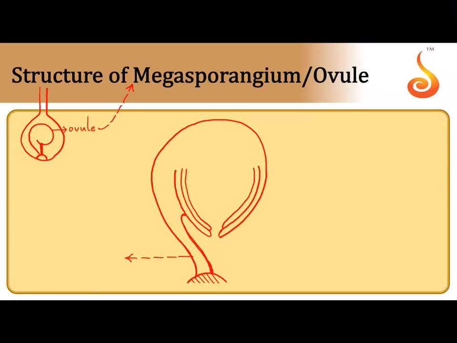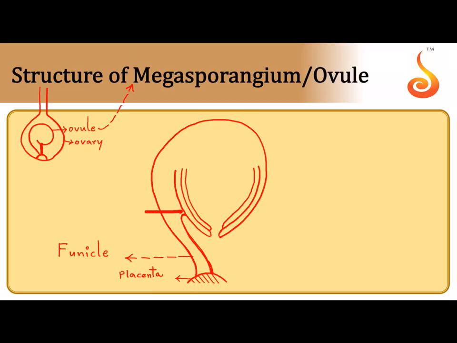What is the stalk of the ovule called? It is called the funicle. Okay, and this is the placenta. Where is the placenta present? The placenta is attached to the wall of the ovary. I'm not showing you the ovary here. Okay, so funicle.